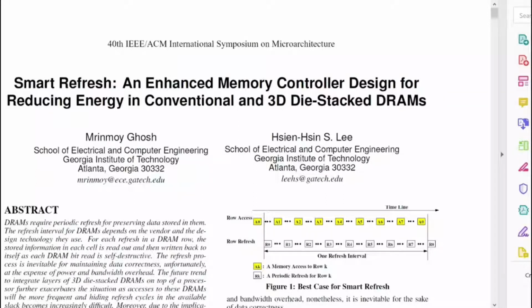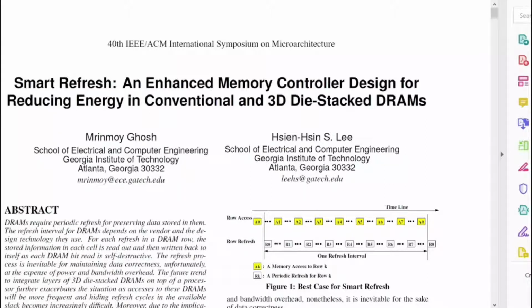This paper, smart refresh, says that it is not required to refresh every row during every periodic refresh operation. Why? Because if a row is recently accessed, it is already charged. I hope you know the concept, right?